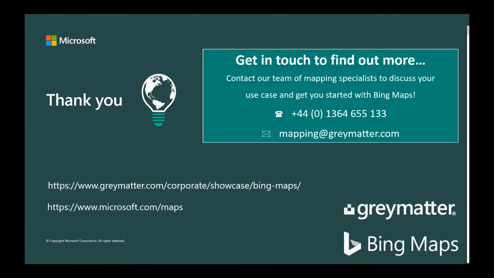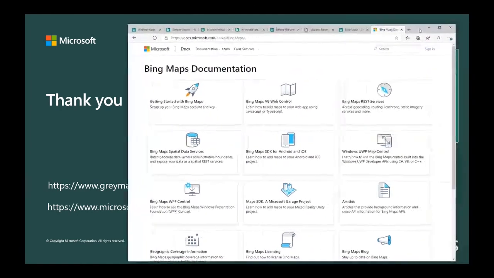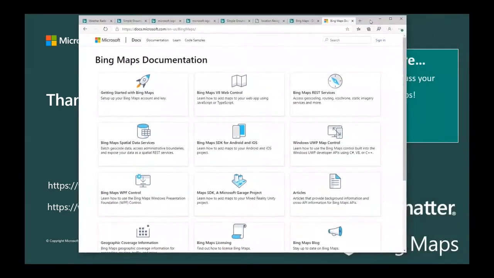I'll just point everybody again to this great page here. This is docs.microsoft.com Bing Maps, and it's available straight off of the microsoft.com/maps site. And in here is where you will find things like the coverage questions and the different kinds of controls.